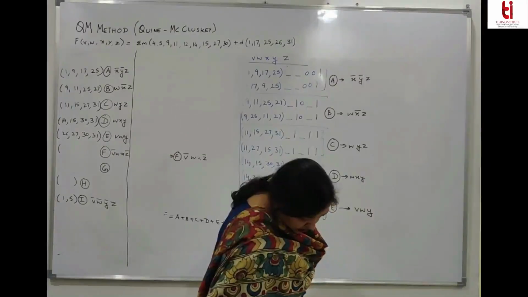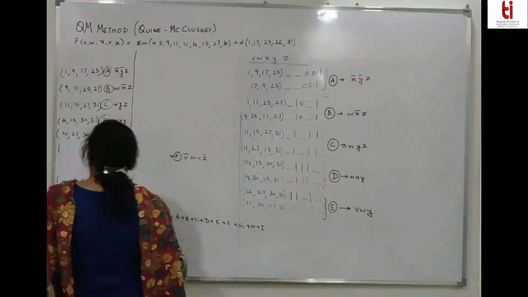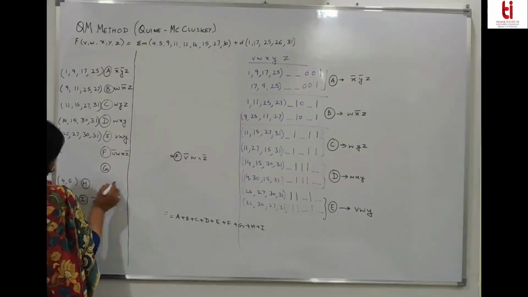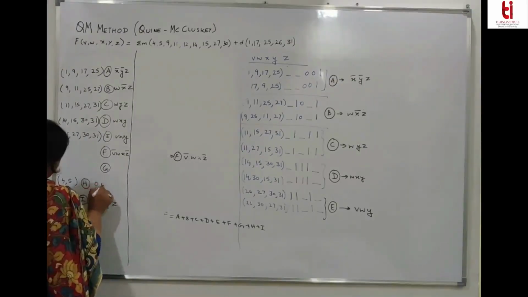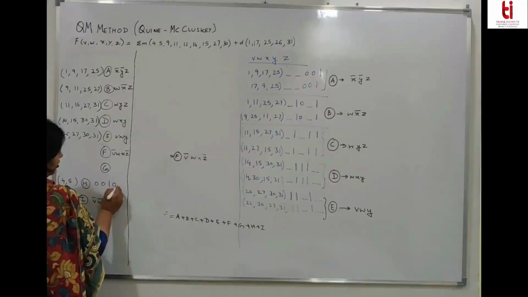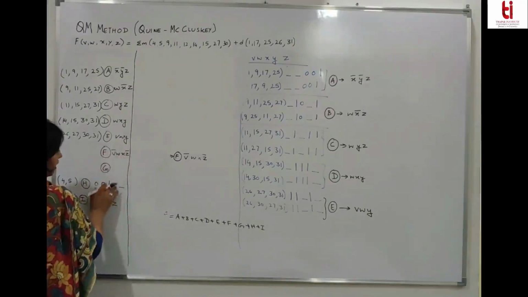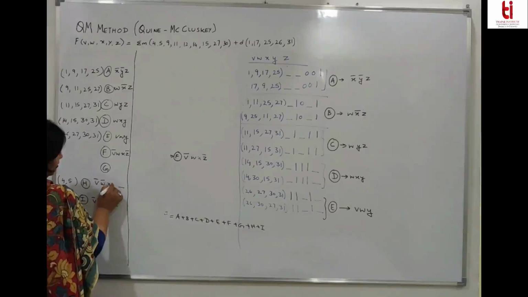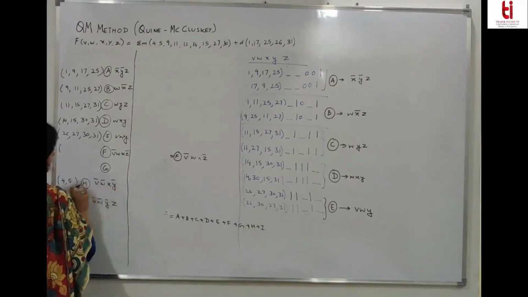What was H? 4 comma 5. What is 4 and 5? 4 and 5 is 101. So I write here dash. So it's V bar, W bar, X, Y bar, and this is eliminated.